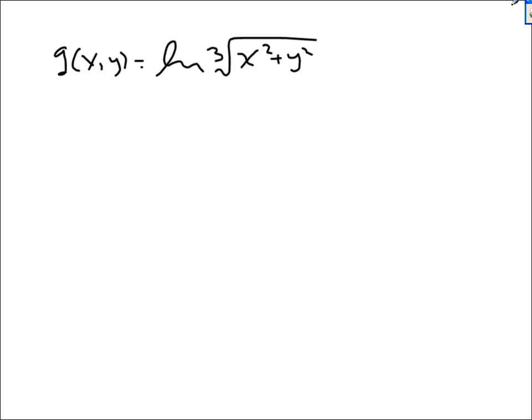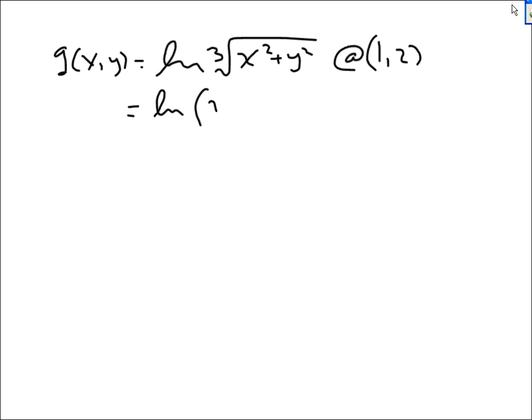Okay, same problem. Suppose you're told that g of x, y is equal to ln of the cube root of x squared plus y squared. And we're concerned about the point (1, 2). Now, in terms of finding the gradient, whenever you have ln, you want to simplify it.